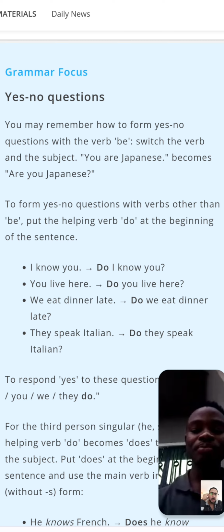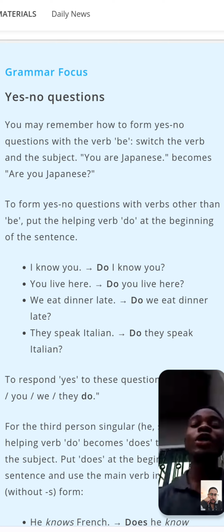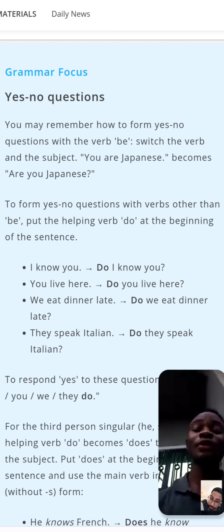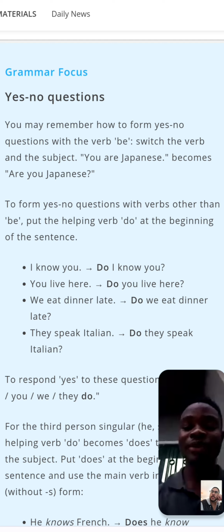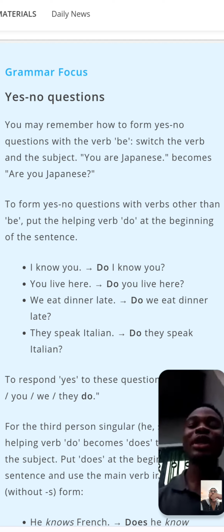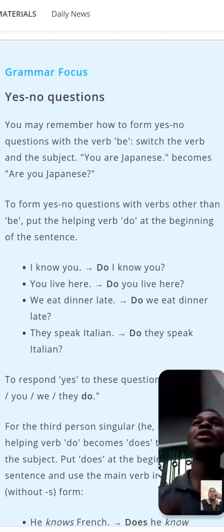Okay? Good. Now, to form yes no questions with verbs other than the verb be, we usually put the helping verb do at the beginning of the sentence. Once we put the helping verb do at the beginning of the sentence, it automatically changes that sentence to a question sentence.